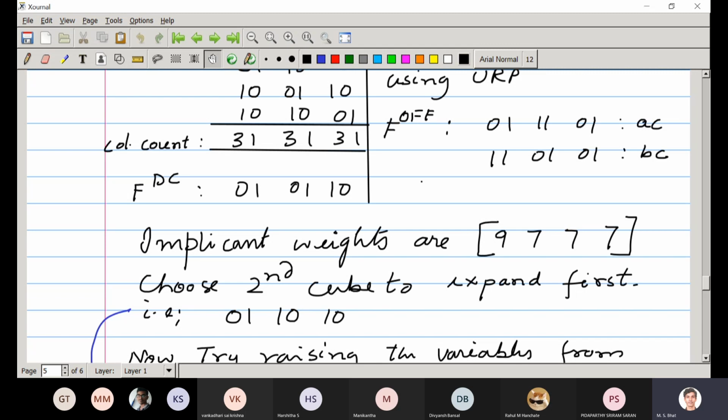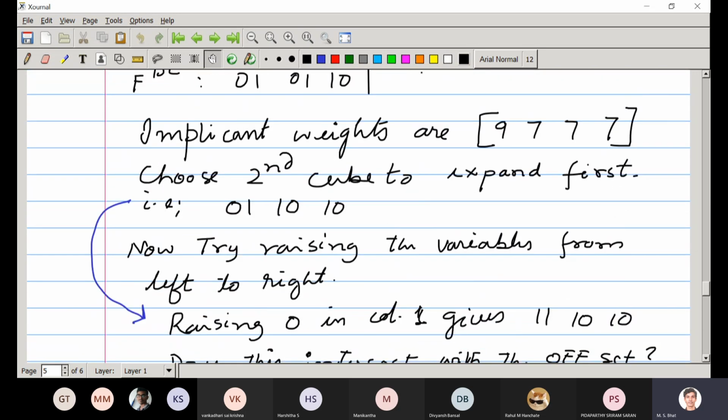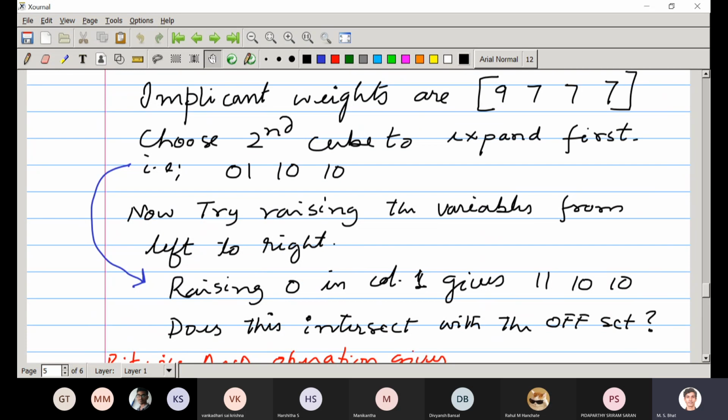I make it a don't care, erasing A from 0 1 to 1 1. Erasing the 0 in column 1, we get 1 1 1 0 1 0, that is B bar C bar. So B bar C bar is the raised or expanded cube.